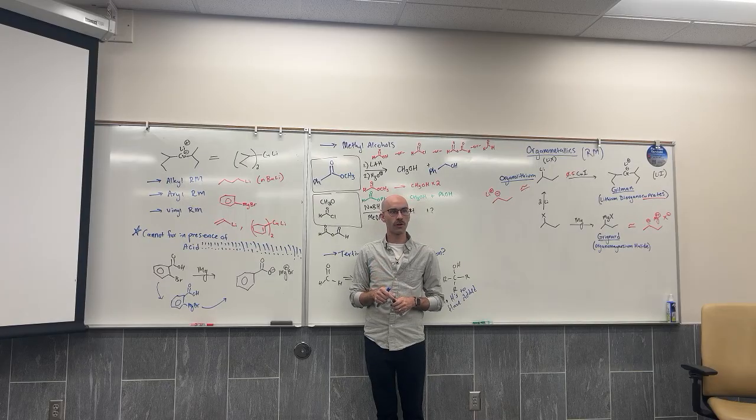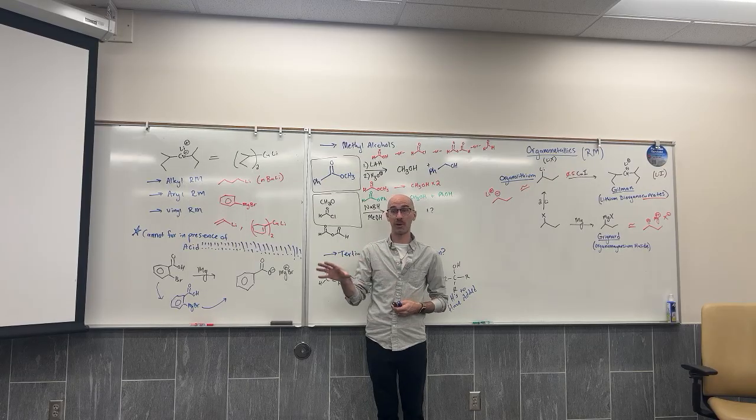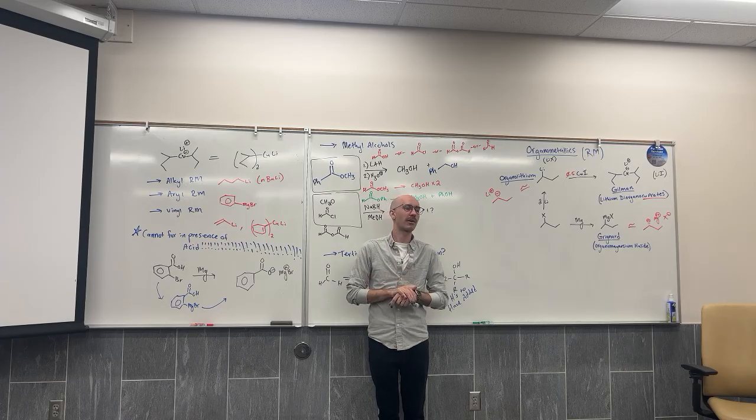So make sure that you never ever draw or try to form an organometallic in the presence of an acid. Okay, now I'm worried that you're going to think carboxylic acid is the only acid.